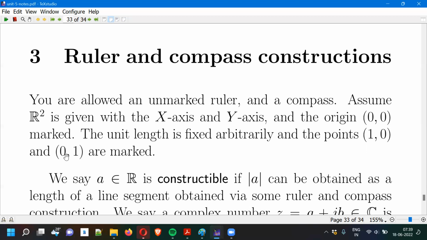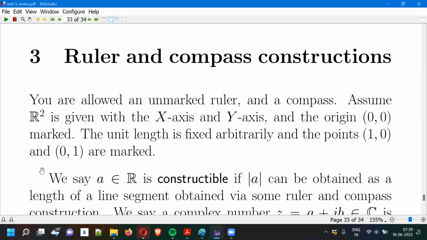The center of the compass, you first placed it at the origin. Now you place it at the next point, then the next point, then the next point. You can keep doing that. So the integral vectors on the x and y axis are very easy to mark. Okay. So that was the very basic stuff.